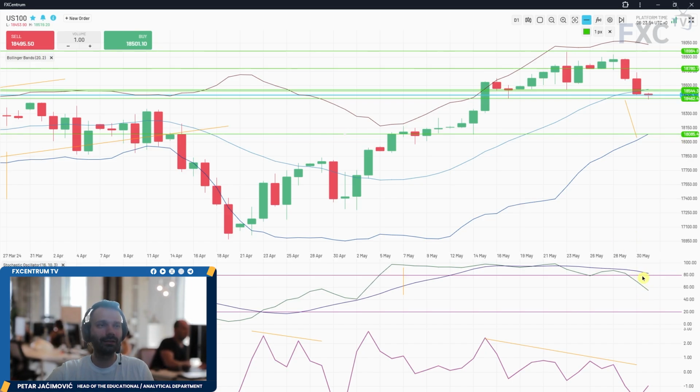Both fast and slow lines of the stochastic oscillator are sloping to the downside, and the slow line is actually still in an overbought extended environment, even above the 80 mark. So if we complete a full cycle, as you can see here in this example, this purple slow line completed a full down cycle, and then we have a full up cycle.